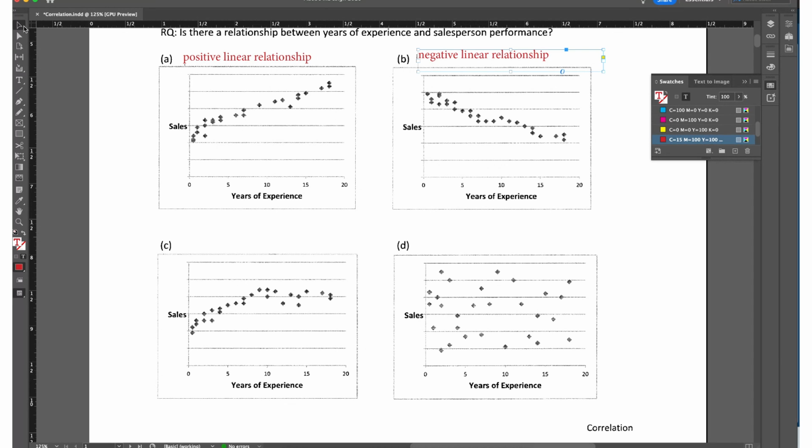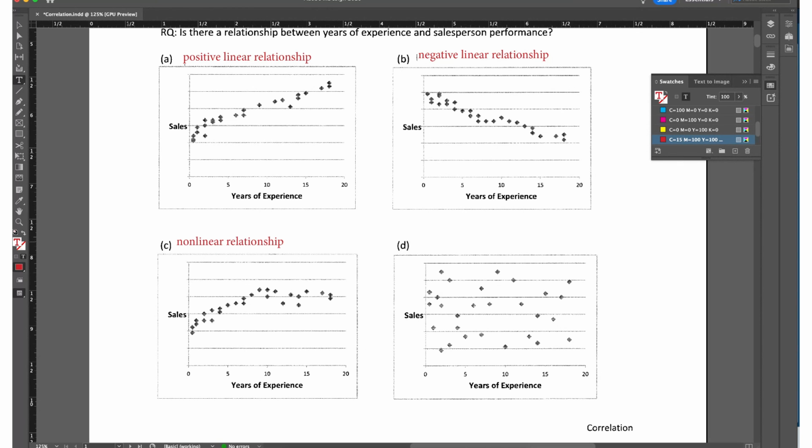But then yet another possibility is C right here. In this case, this is not linear because it goes up, but then levels off and then goes down and then up again and then maybe down. So yes, there's a relationship here, but it's a non-linear relationship.